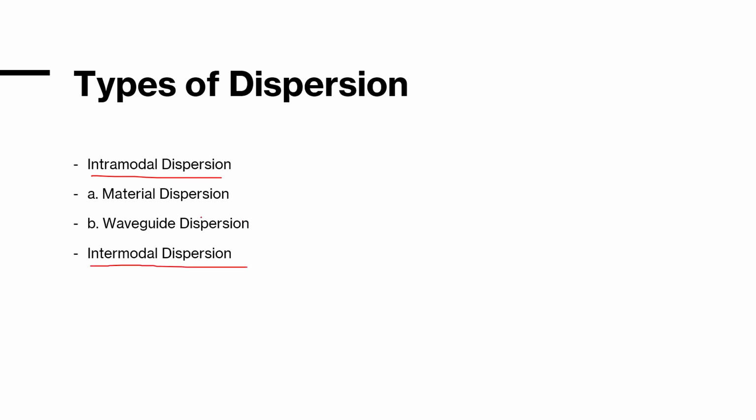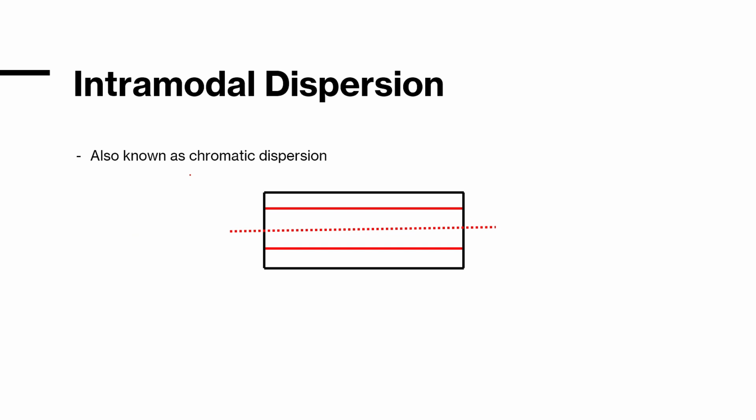In intramodal dispersion, we have two subtypes: material dispersion and waveguide dispersion. Intramodal dispersion is also known as chromatic dispersion, and it occurs in single mode optical fiber. Basically, light signals which have different wavelengths, when propagated through the core of the optical fiber cable, spread out, and this is known as intramodal dispersion.